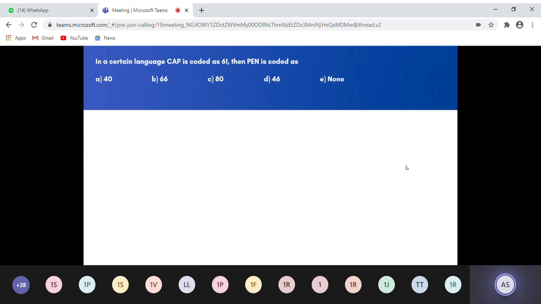What's the answer? Yes, what is it? Mole says D. No, Ayush.